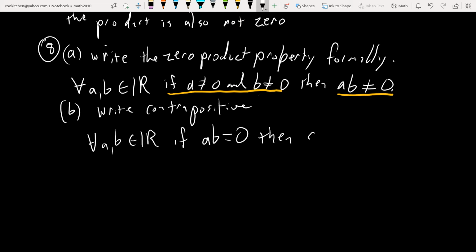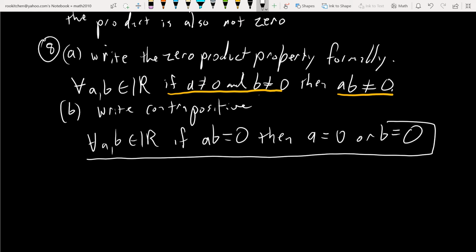So then either a equals 0 or b equals 0. And this is usually the form that they'll give it to you in the algebra classes. If a times b is 0, then either a is 0 or b is 0, and we use that to solve equations all the time.